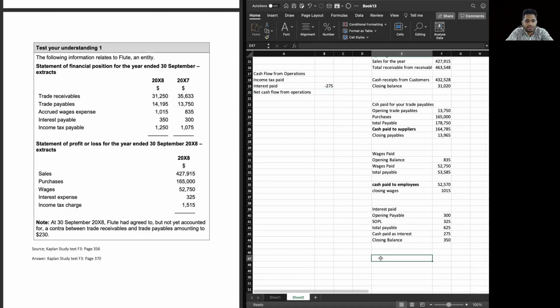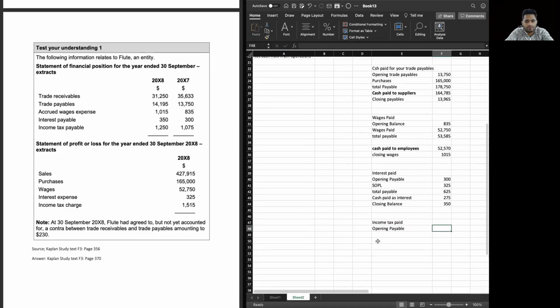Next is you have your income tax charge. So your income tax paid, the opening payable balance is 1075. Your income tax expense for the year is going to be 1515. Total payable will be 1075 plus 1515, 2590.